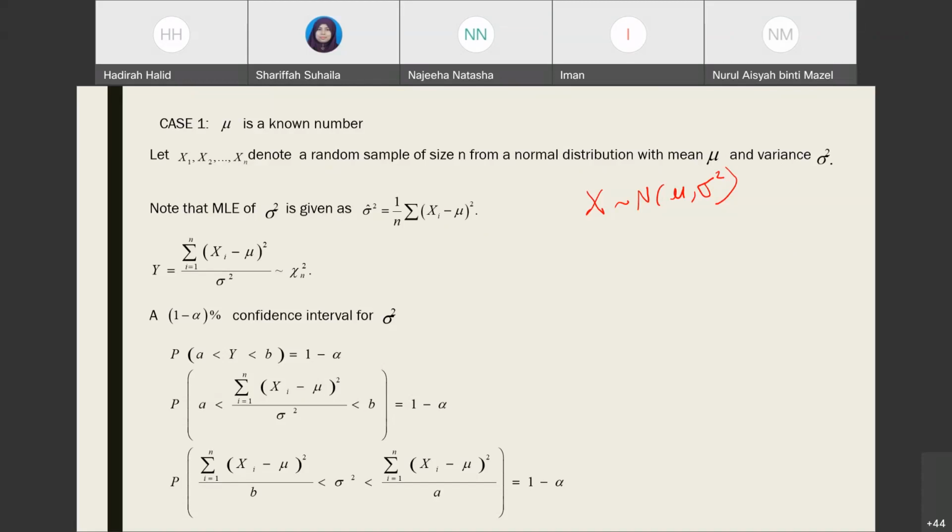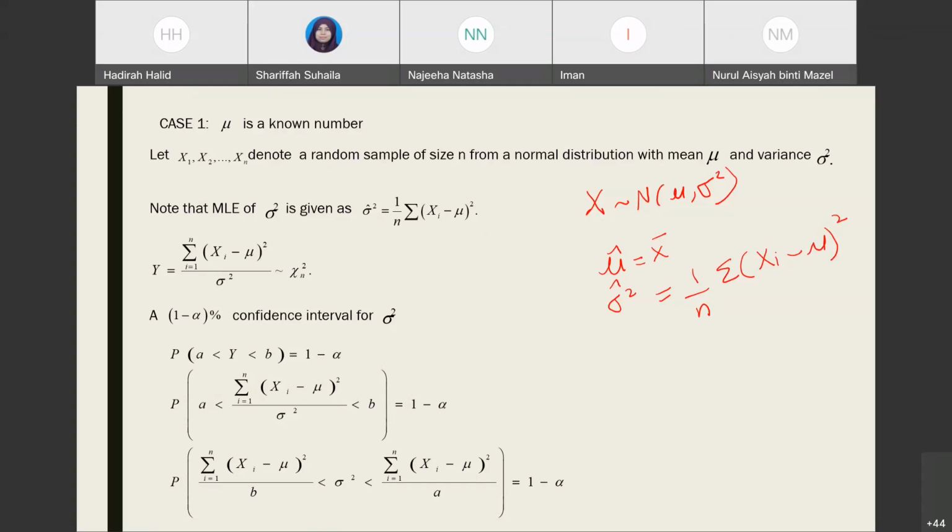When we estimate your parameter mu, normally we have mu hat equals x bar, and then you also want to estimate your sigma square hat. Okay, so sigma square hat depends on this: we have 1/n summation of (xi minus mu) squared. Okay, so this is the standard one.